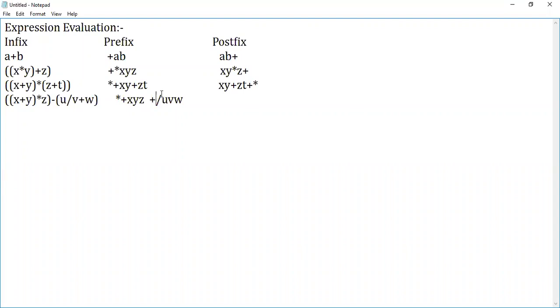Guys, is this clear? Two separate expressions. This expression is given UV division, and along with the division I'm going to add W. So I mentioned here addition. The same way this expression is separate, XY followed by plus, and Z is added along with it.